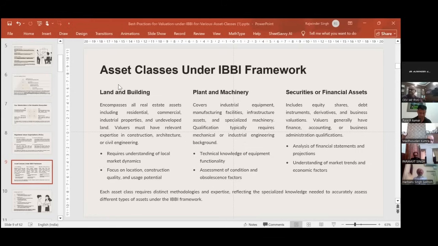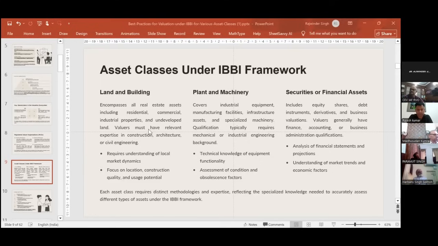This class encompasses all real estate assets, including residential, commercial, industrial properties, and undeveloped land. Valuers must have relevant expertise in construction, architecture, or civil engineering. As a land and building valuer, you require an understanding of local market dynamics, and you have to focus on location, construction quality, and usage potential.